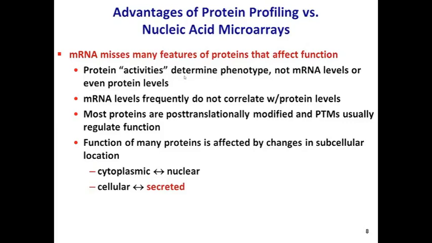In part, this is because most proteins are post-translationally modified, and post-translational modifications usually regulate function. The function of proteins also can be affected by changes in subcellular localization. For these types of questions, proteomics is often the only method of interrogating changes.